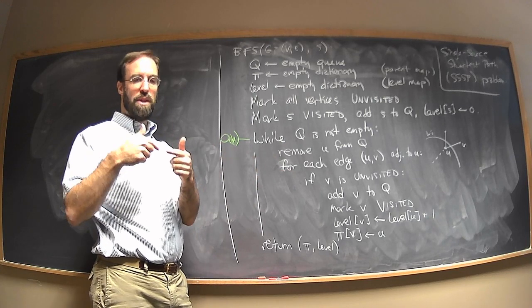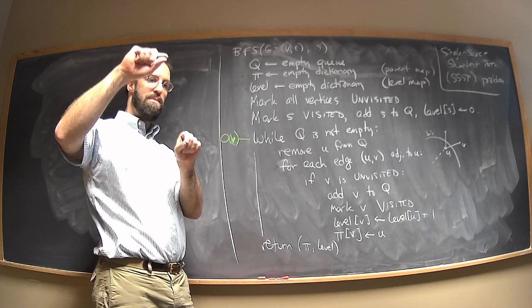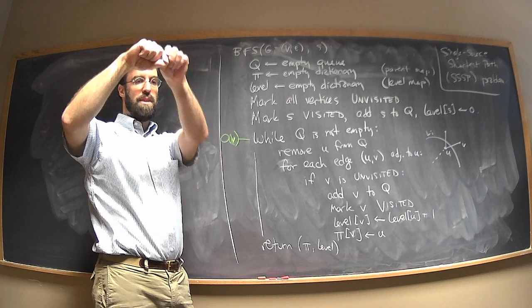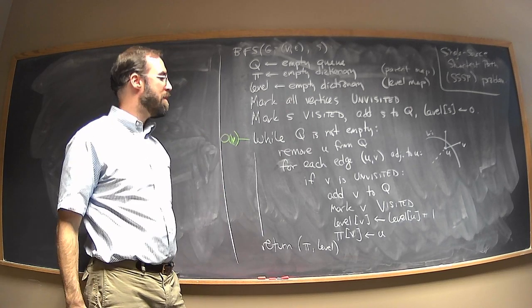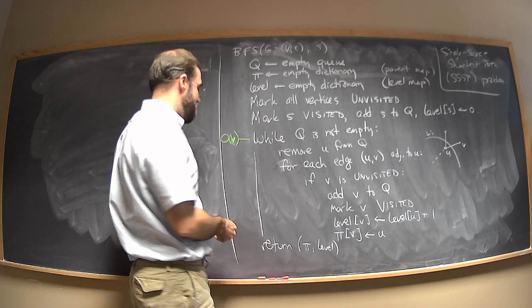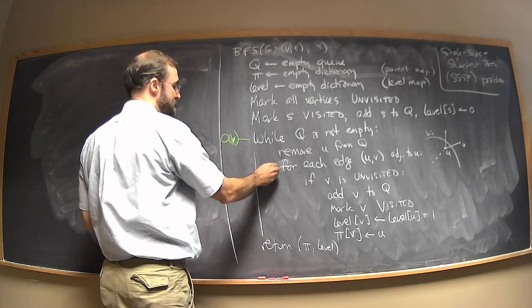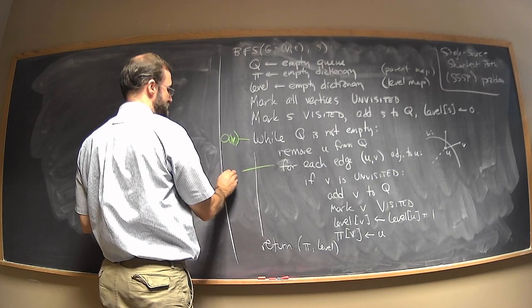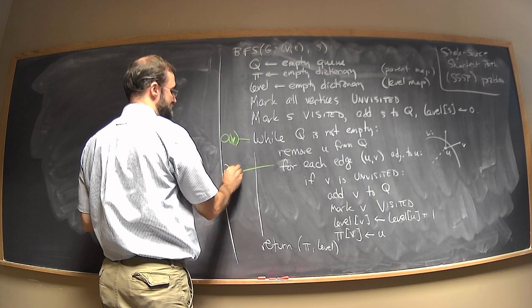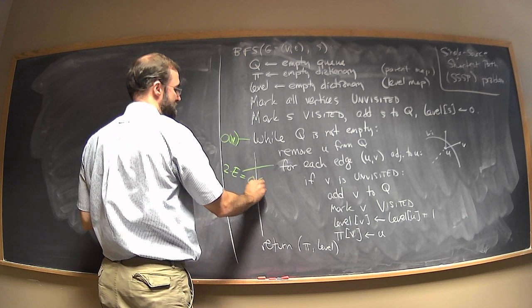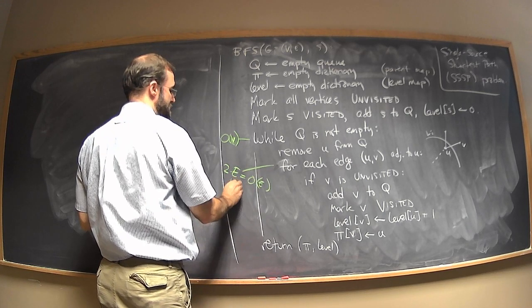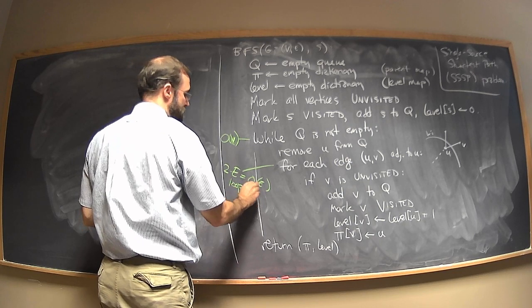One time we look at this vertex and we look this way, and then another time we'll look at this vertex and look this way. So this executes 2 times the number of edges, which is just O of E loops total.